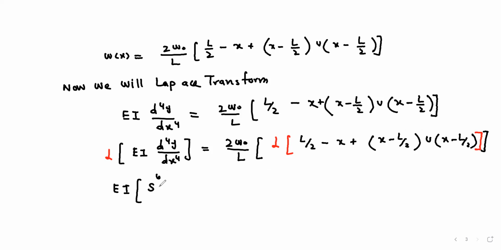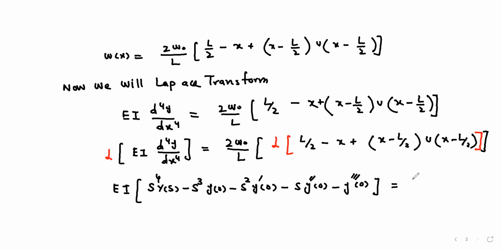So we get capital Y of s raised to power 4, minus s cube y of 0 minus s square y prime of 0 minus s y double prime of 0 minus y triple prime of 0, bracket close, is equal to 2w naught by L. And now the Laplace transform of L by 2: L by 2 is a constant, and the Laplace transform of 1 is 1 by s.